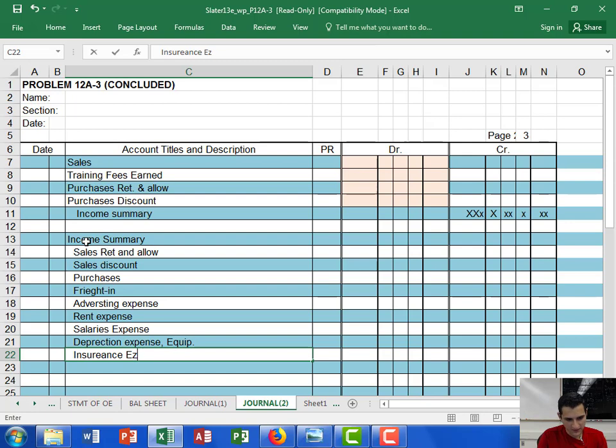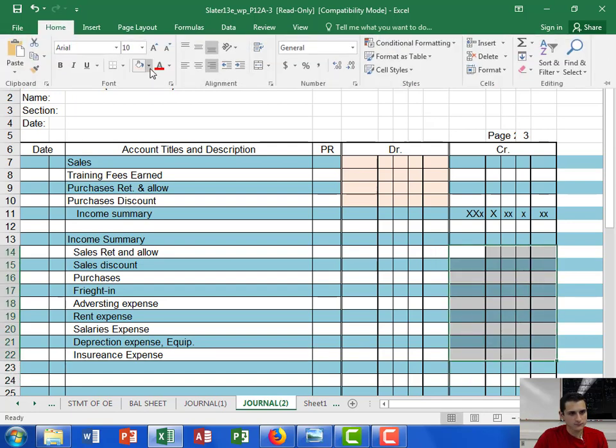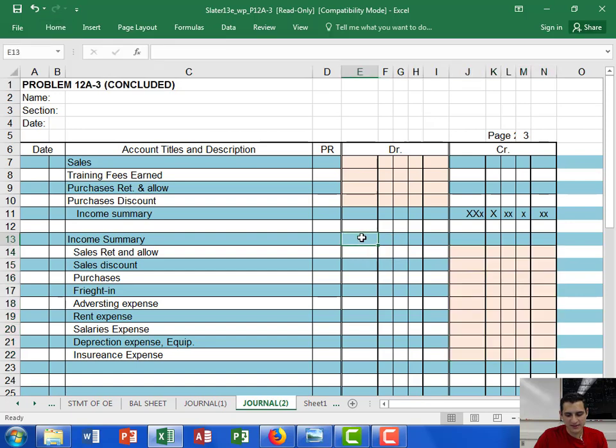So the amount for all of these, all the credit amounts for these will then be debited into this area.